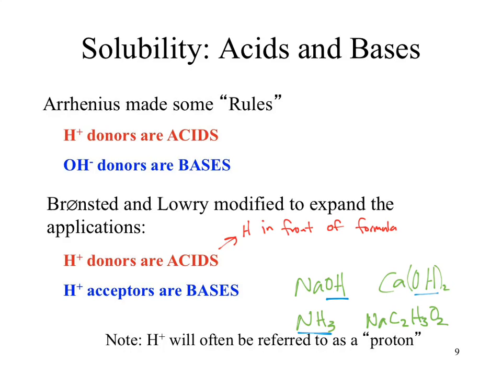What's that? Not really. Not effectively. It really only acts as a base. Where's the OH? What kind of solution do we work in? We work in a water solution, right? So we take NH3 plus H2O. What happens?